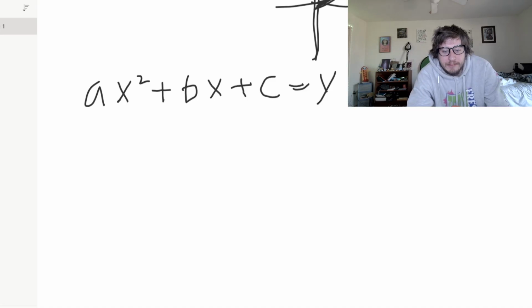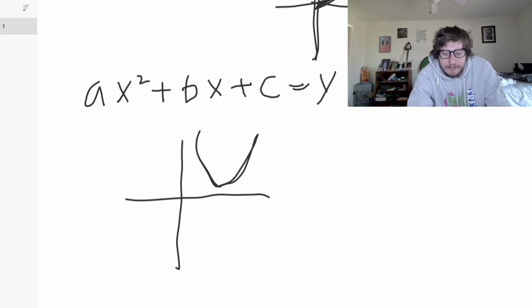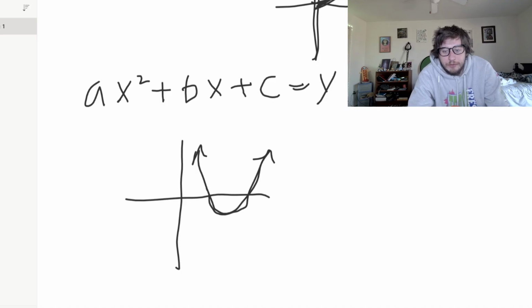So this is the most basic polynomial. It's going to look something like that on a graph, right? And, well, actually, that's a terrible example. It's going to look something like that on a graph. And typically what you do with these is, this is the x-axis, this is the y-axis, you solve for the zeros, okay?